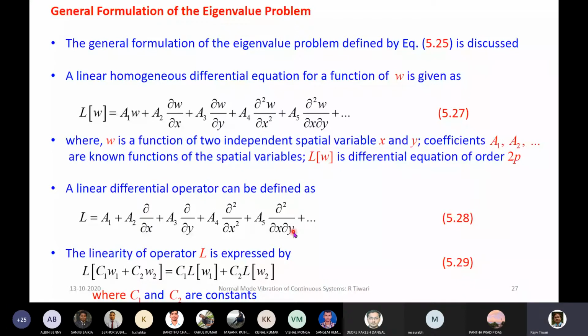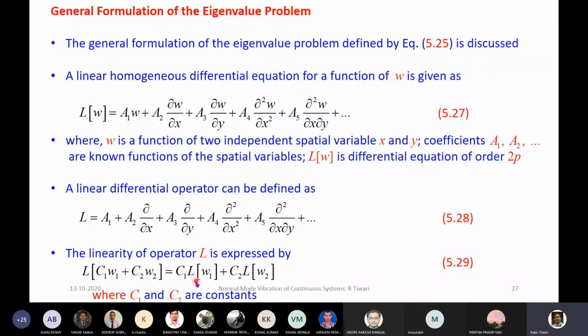Or linear operator, that means if we have, let us say, within the bracket C1W1 plus C2W2, this is equal to, because C1 and C2 are constants, C1 LW1 plus C2 LW2.